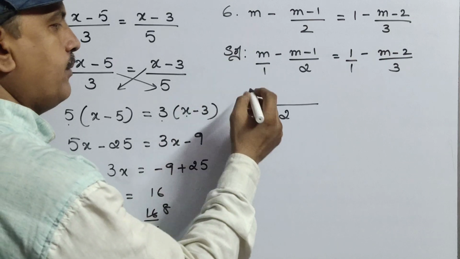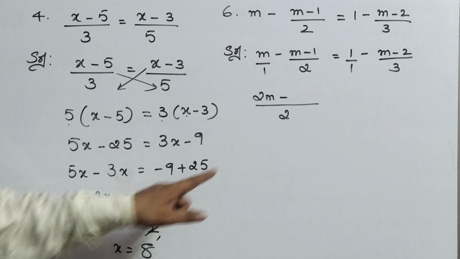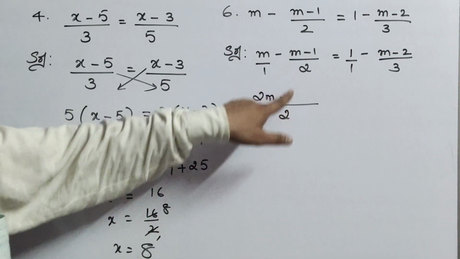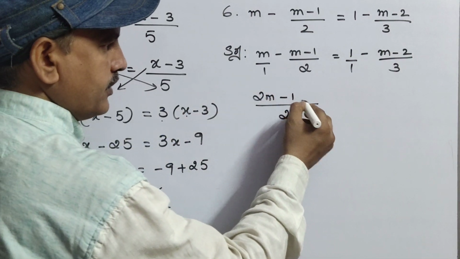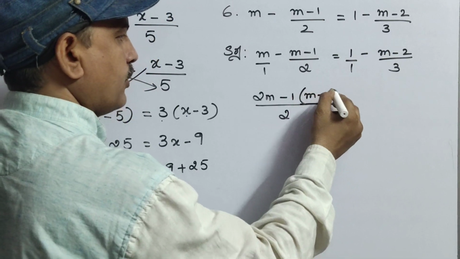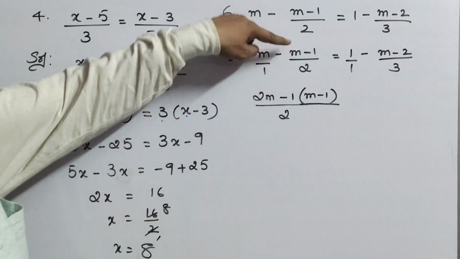2. So 2 into m, 2m minus, but here only you should be very particular about this area. 2 and 2. So 2 table 2 one time. So 1 into (m minus 1). Why did I write here in 2 table 2 one time? Why did I not write here 1?